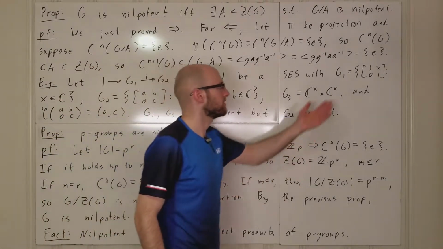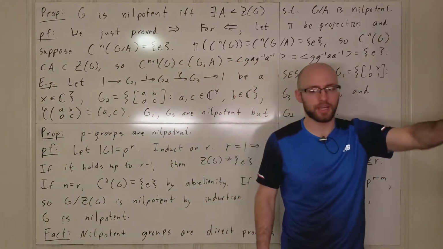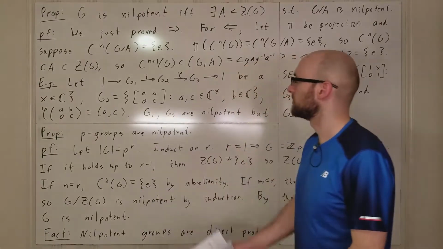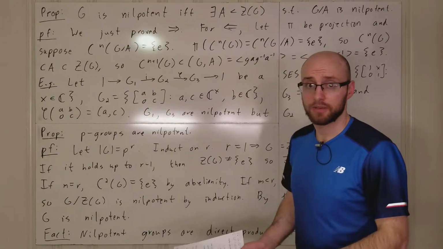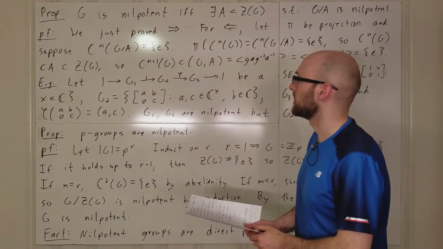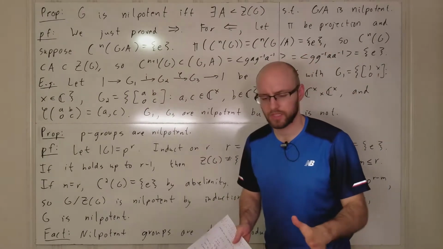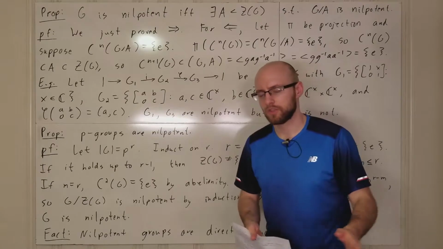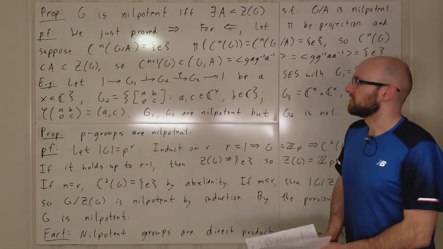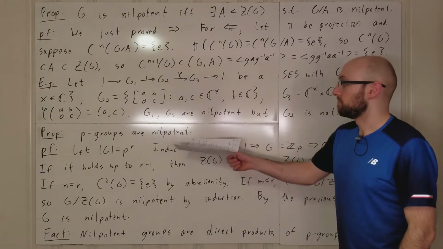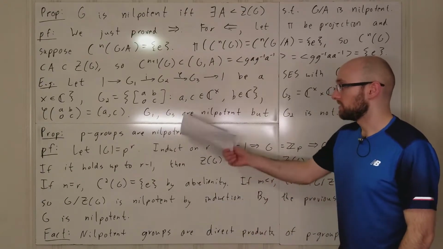And so you're stuck at G1 and you never get down to the identity, and thus G2 itself is not nilpotent. So that's that example, and it's sort of neat to know that solvability doesn't extend from solvable groups to nilpotent groups. So that's a little not nice, but we get to some nicer stuff down here.